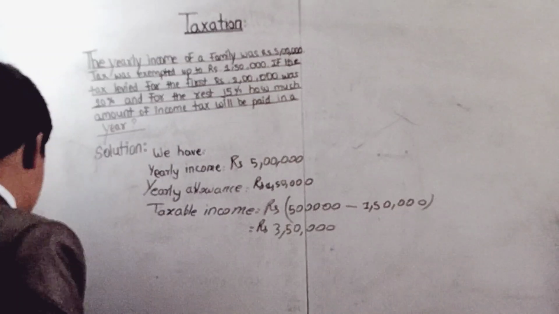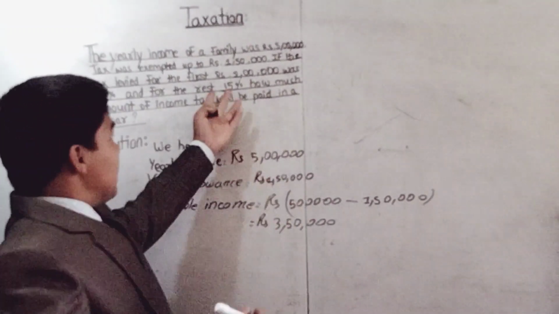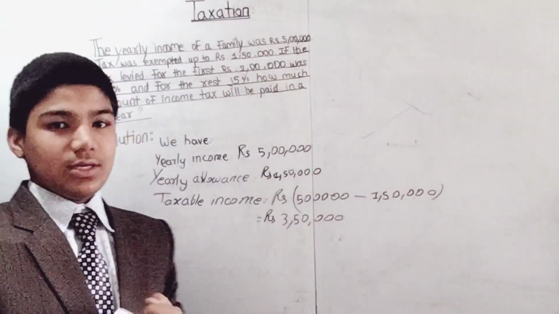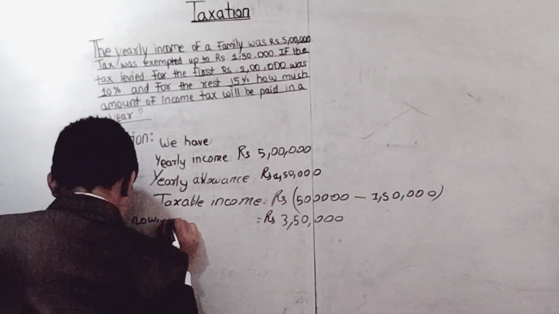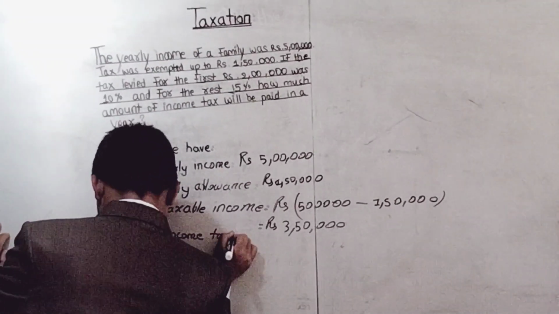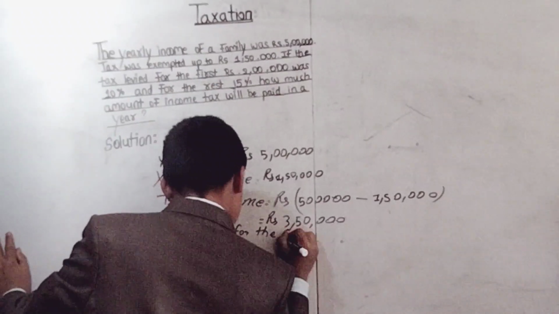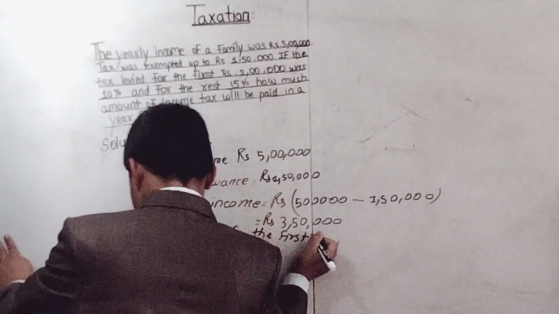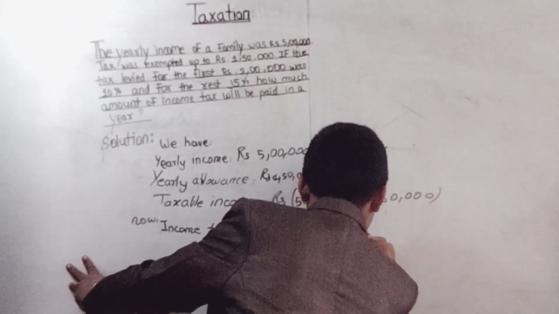Now after this, we have to find income tax for first this 2 lakh rupees. So let's find that. Income tax for the first rupees 2 lakh.